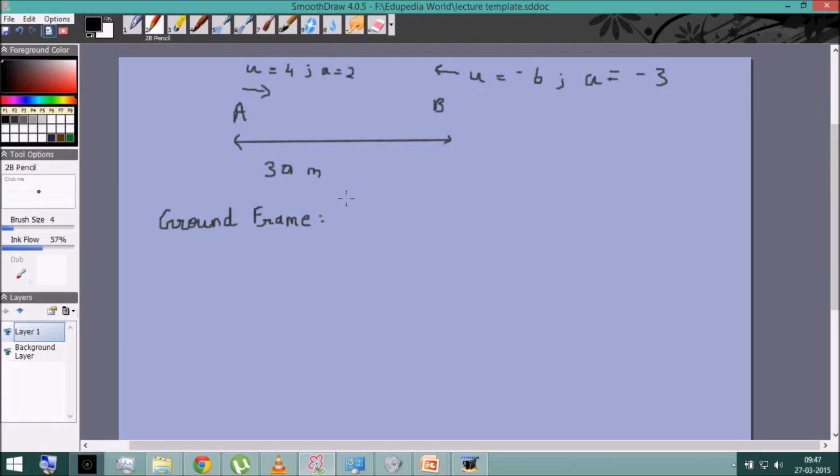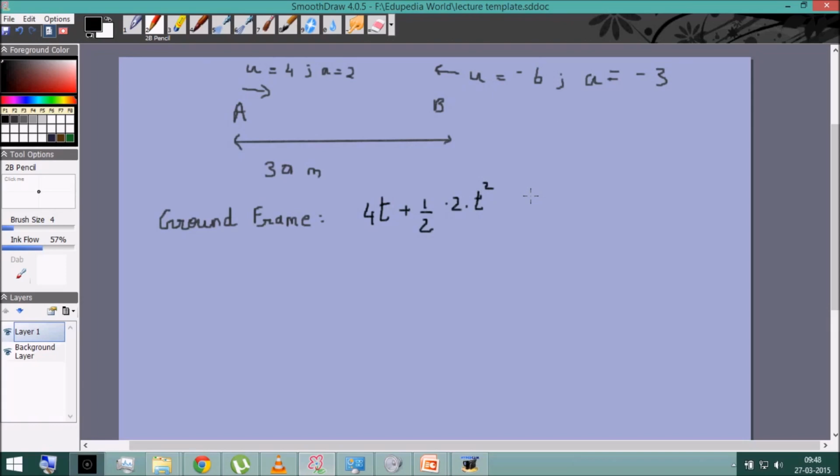The distance covered by the first body, that is the body A, would be ut plus half at square. That is 4t plus half into 2 into t square. The distance covered by the second one would be 6t plus half into 3 into t square, but all of it in the negative direction.